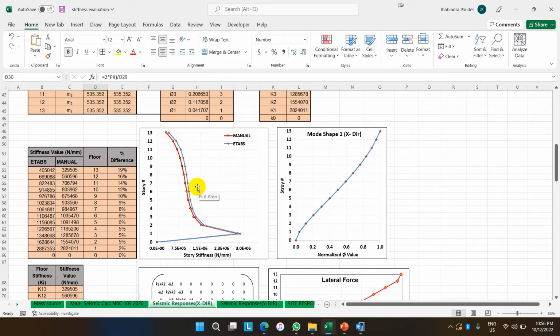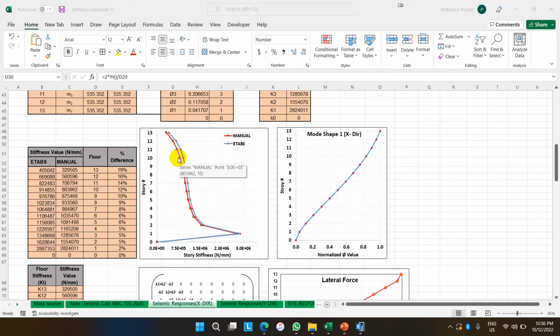So while using the modal time period obtained from ETABS, the story stiffness of the manual calculation is slightly lower than the stiffness calculated by ETABS.